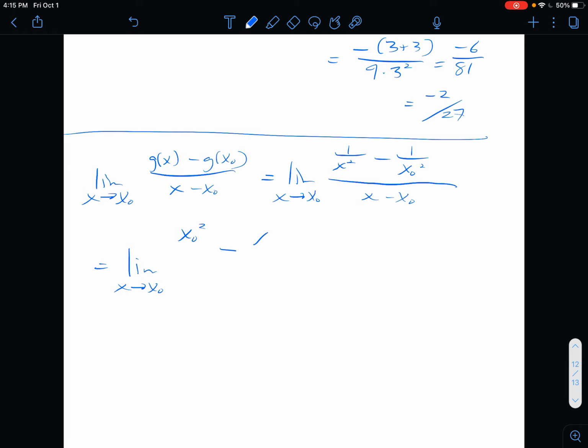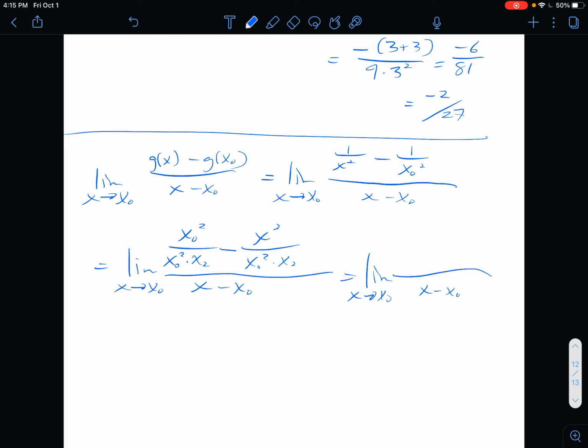Common denominators as before. So I have x naught squared minus x squared over the product.